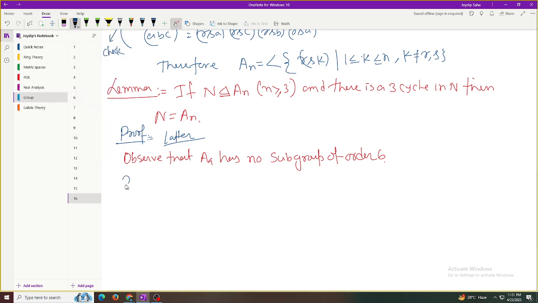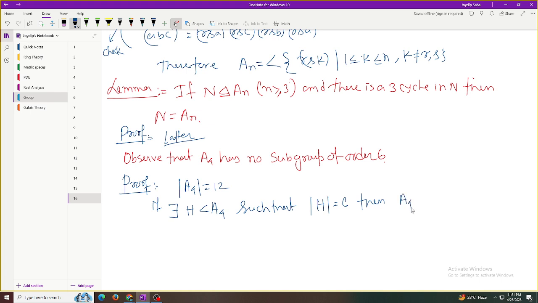Proof. The order of A4 is 12. If there exists H, a subgroup of A4, such that the order of H is 6, then the index is 2.